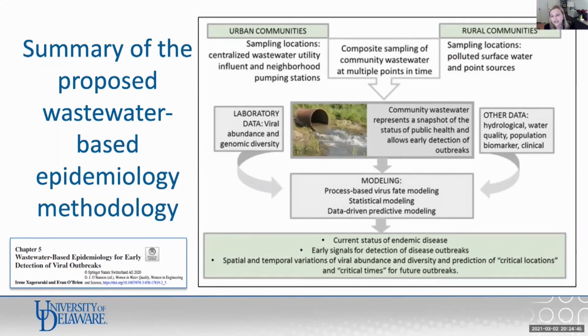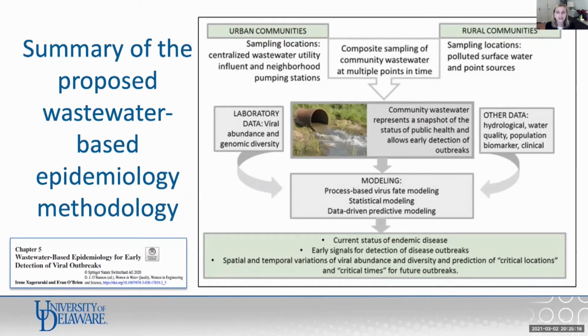And here you can see some of that information represented on this figure, when thinking about some of the differences between urban and rural communities. Where do you collect that data? What other data is important alongside those initial samples? Are we thinking about how that population is impacting it? Are we using certain biomarkers? Are you going to figure out from census tract how many people are there?